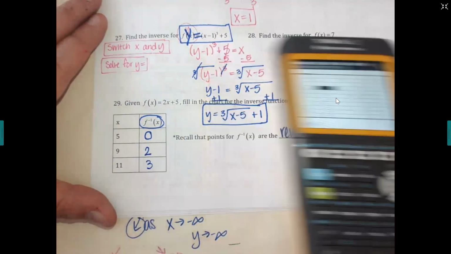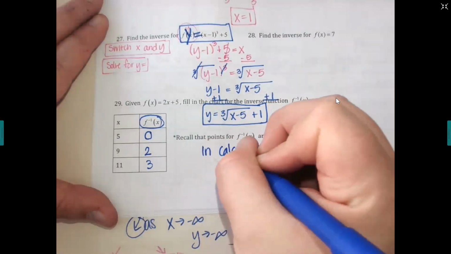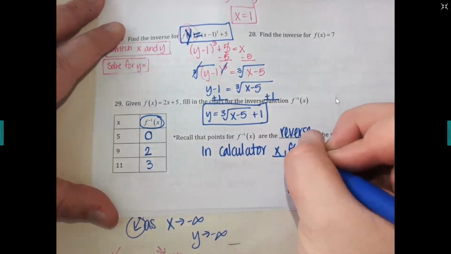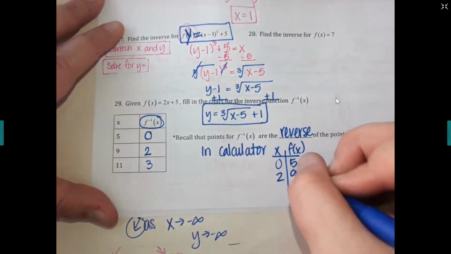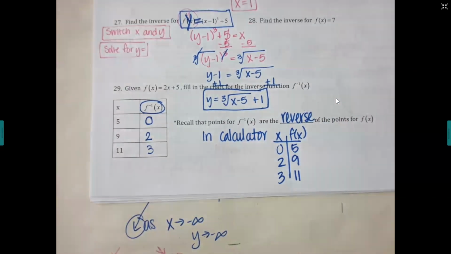But then I'm gonna put in the calculator x comma f of x, and then it would be 0, 5, 2, 9, and 3, 11. But remember, you're using the calculator to look up f, but you're not answering questions about f, you're answering questions about the inverse. Make sense?